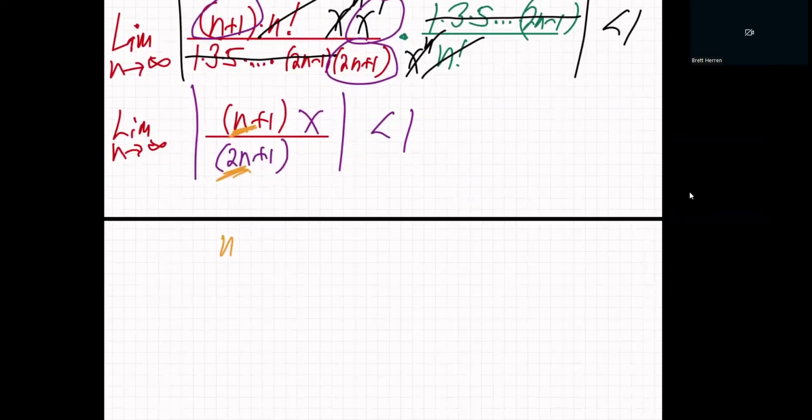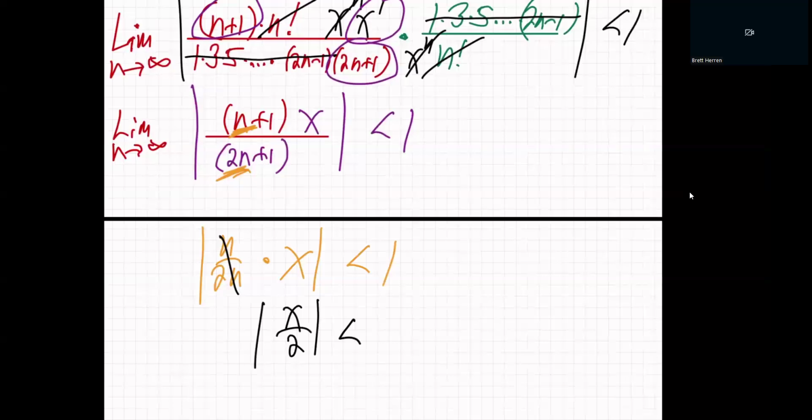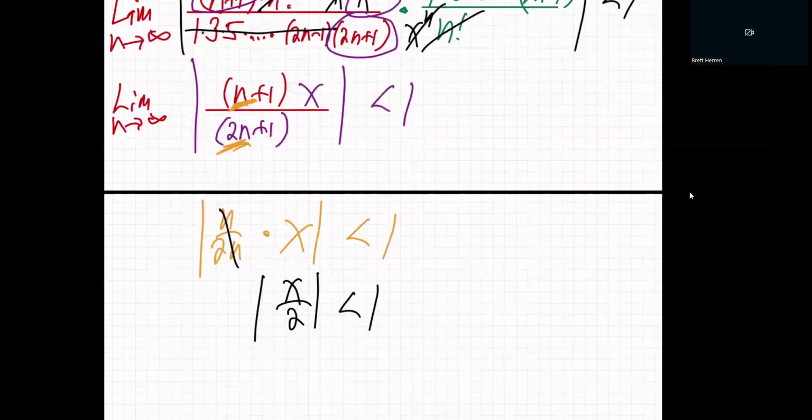So that's effectively n over 2n times x, absolute value less than 1. The 1 doesn't do anything, and 2 times infinity doesn't matter. The n's cancel, and so we get the absolute value of x over 2 less than 1. The 2 is still on the bottom.